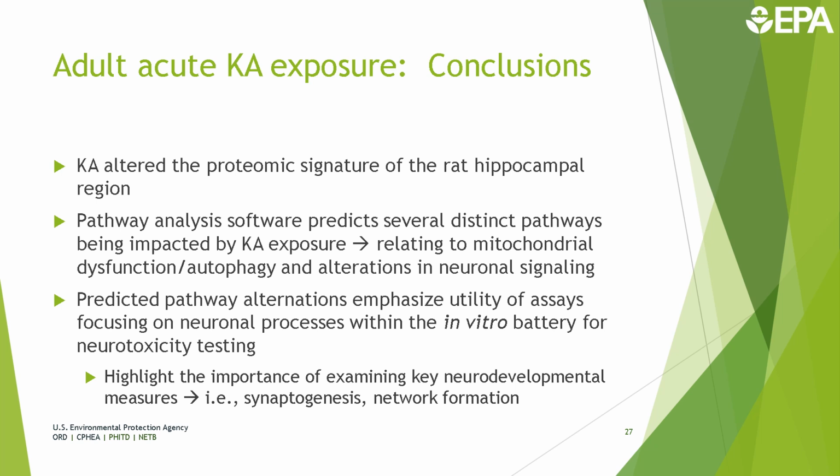In conclusion, we did observe an altered proteomic signature following acute kainic acid exposure in our rat model utilizing sub-seizurogenic doses. We saw implications for processes involved in mitochondrial and cellular stress, as well as altered neuronal signaling. Some of these observed effects may also correlate to measures that are part of the new approach methodologies that are being employed to assess neurotoxicity, such as measures relating to network function or synaptogenesis.